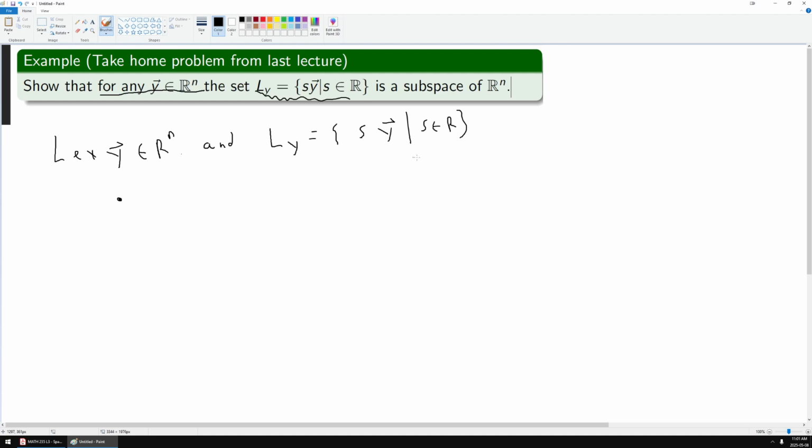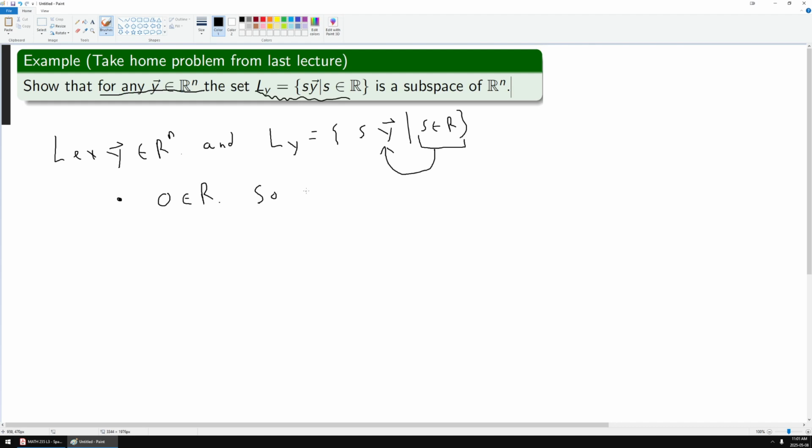Well, we know there are real numbers, right? Therefore, just pick any real number, we know that scalar multiple of y will be in the set Ly. Now the classic number to pick is 0, because typically we show that Ly is non-empty by showing it has the 0 vector. So we can say, hey, look, 0 is a real number.